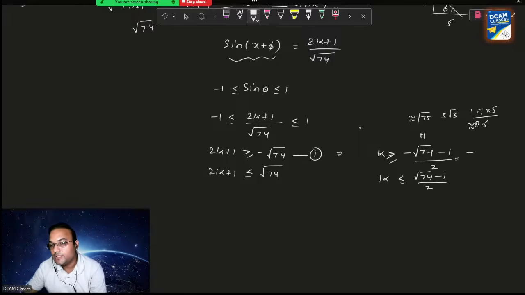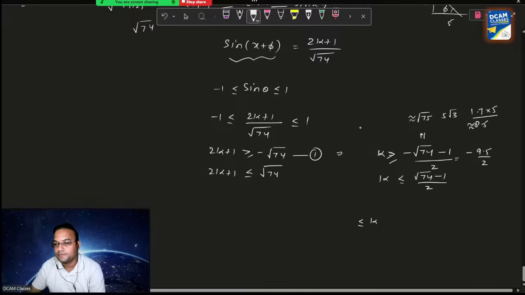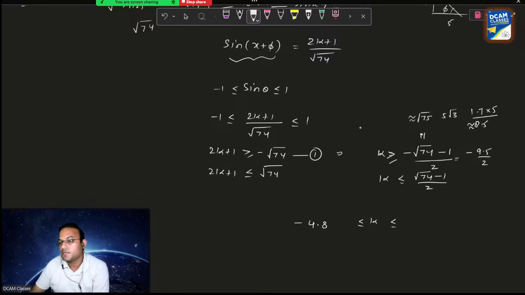Now for this, you get minus 9.5 by 2, which is about minus 4.8, and 7.5 by 2, which is about 3.8. Means k is lying between them. What are they asking?